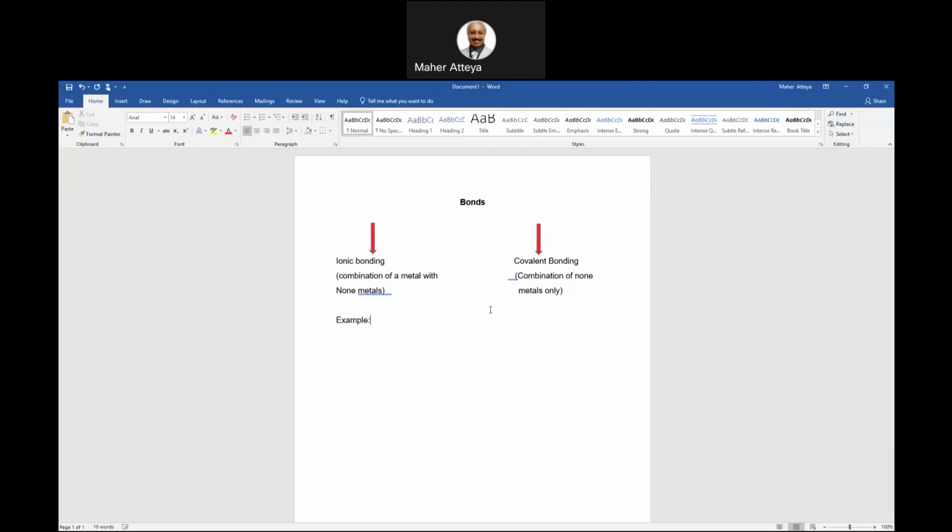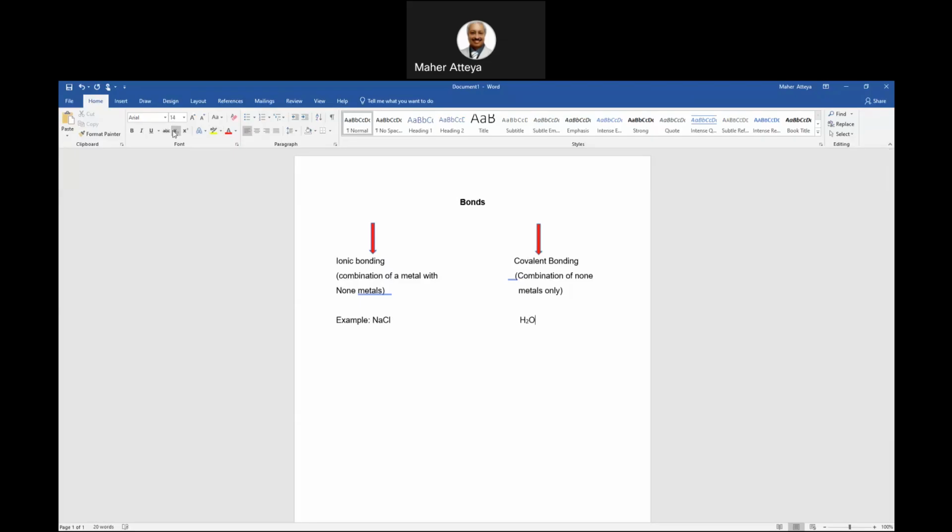One of the examples, the simple one, I apologize, is sodium chloride. That's an ionic compound. We have sodium, a metal, correct? And here we can say we have H hydrogen, and then oxygen, so this is a covalent bond.